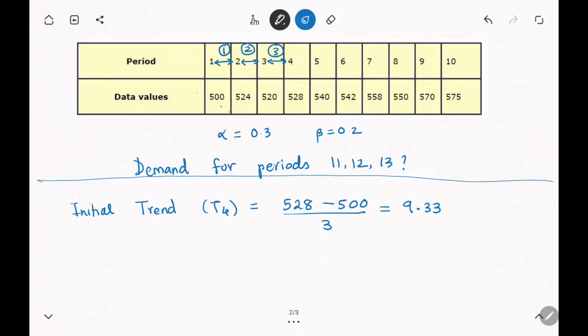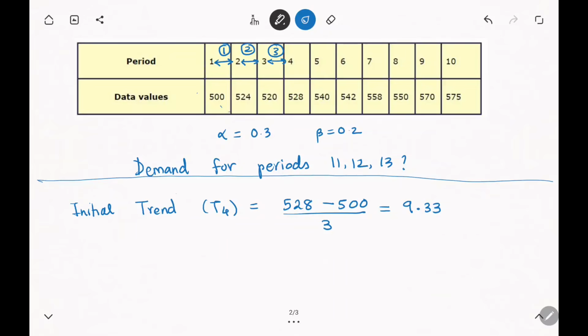We divide it by 3, not by 4, because there are only 3 intervals between them. So 28 divided by 3 is 9.33. That is our initial estimate of the trend. Initial trend is estimated as 9.33.